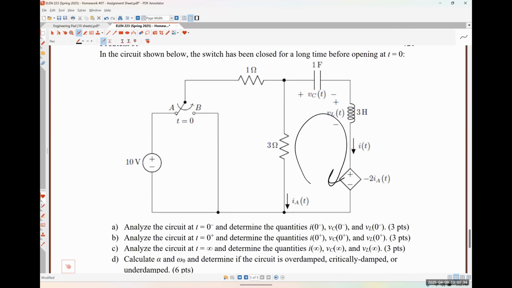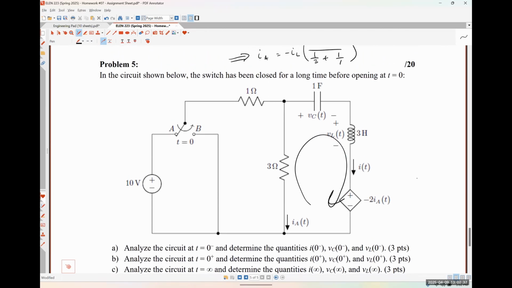So if we did KVL around that path, we would have VC plus VL minus 2IA minus 3IA is equal to 0, where this is the voltage drop across this 3 ohm resistor, that's 3IA.